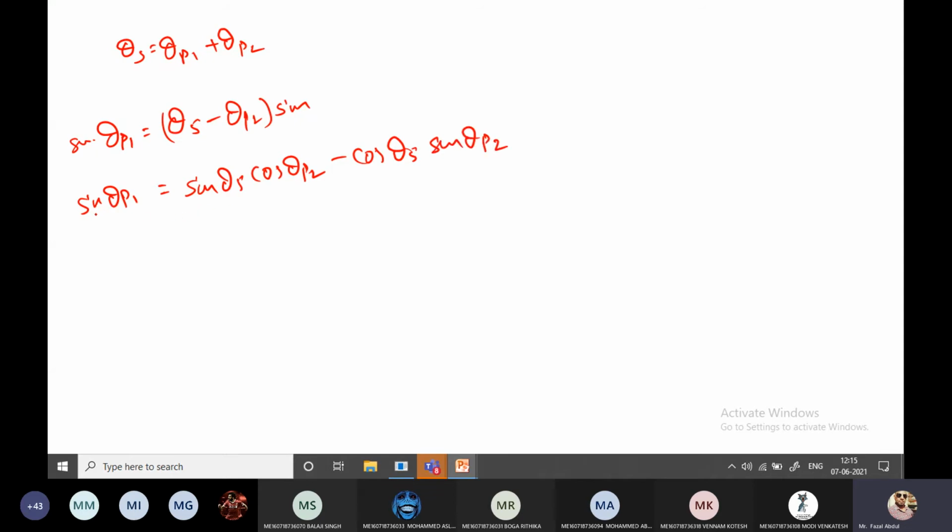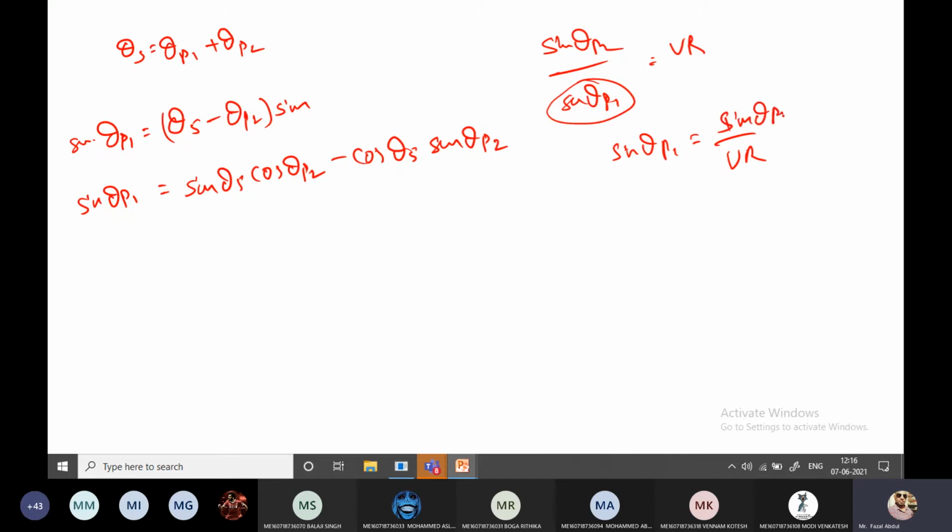Now from the velocity equation, sine theta p2 by sine theta p1 equal dg by dp, that is VR. So sine theta p1 equal 1 by VR into sine theta p2.